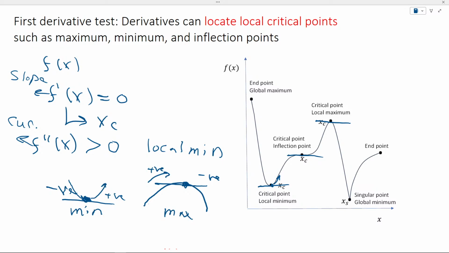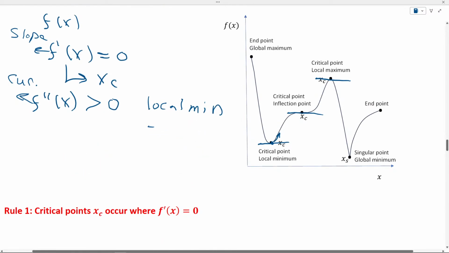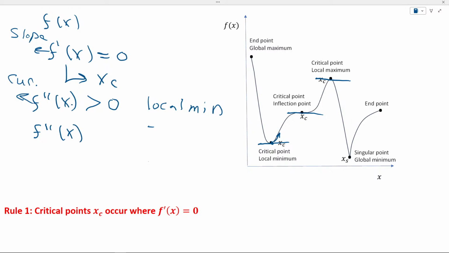So when I get my second derivative for each critical point, if it is less than 0, then this is a local maximum.